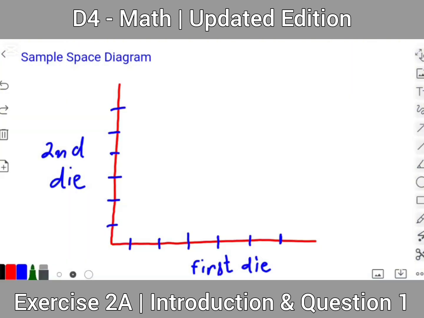Now we will put the dots, one for each ordered pair.